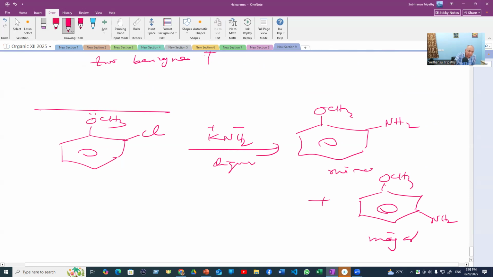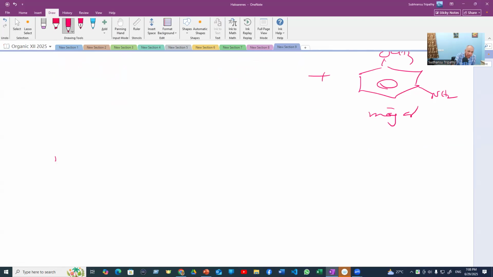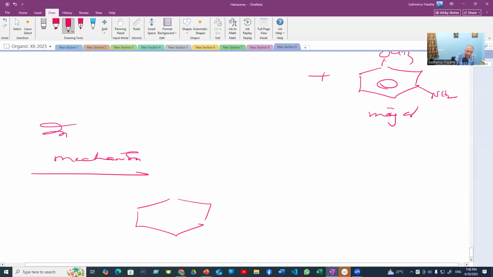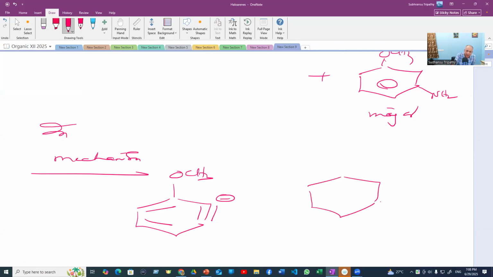Why? Because if you draw the mechanism, I'm just showing you the comparison. In the mechanism, you will compare OCH3 here with a negative charge here, and here NH3 plus, and the other one already attacked.